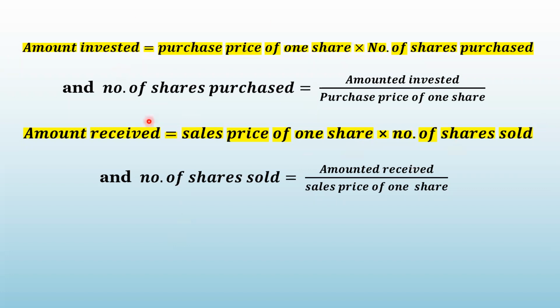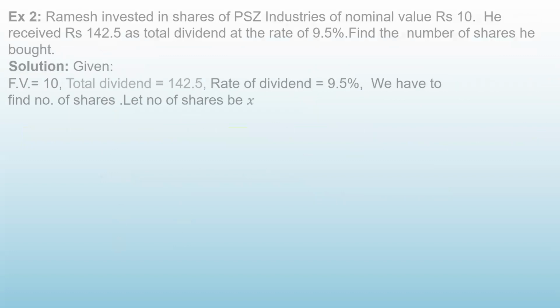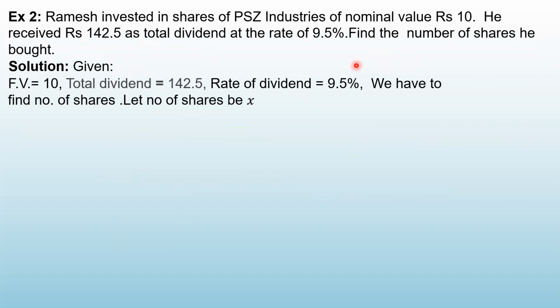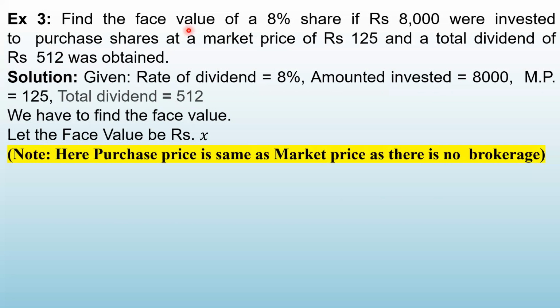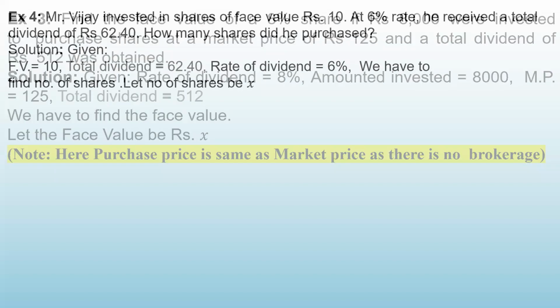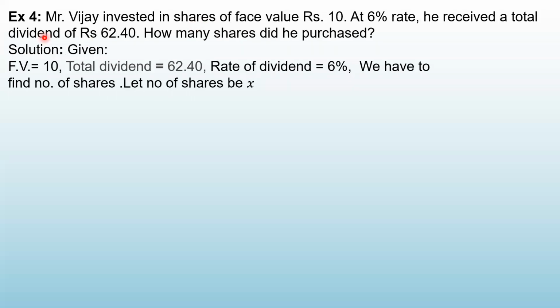So today we are going to solve problems based on these two formulas. This problem we have already done in the last class, so I'm not doing it again. This also we have done, and find the face value. These three problems we have done in the last class. Let us see the fourth one now.